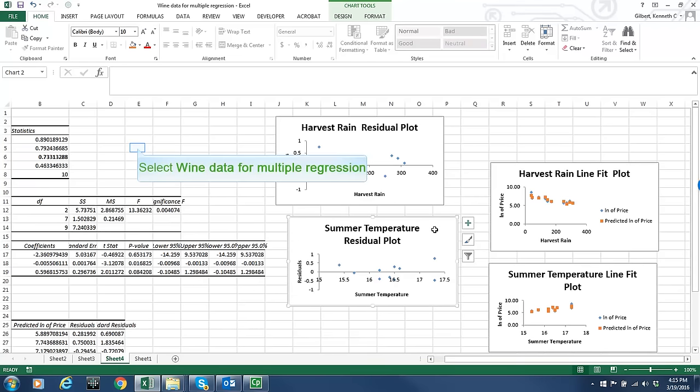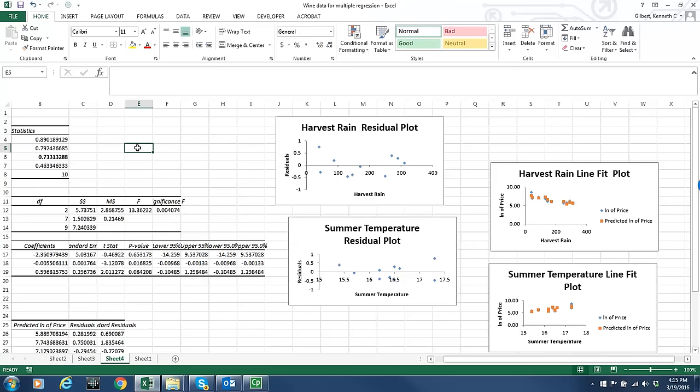But the one thing that I want to compute here is the increase in R squared from adding the extra variable.